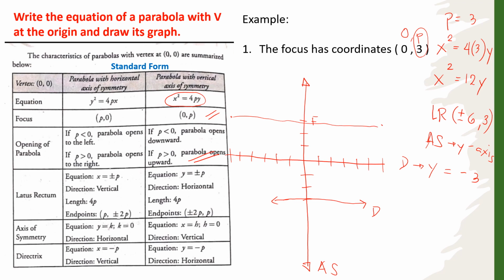Ito ngayon yung ating lattice rectum na sinasabi. So, this will be your lattice rectum. And then from the vertex, gawa tayo ng parabola. So, tapos na ulit tayo sa ating problem number 1.